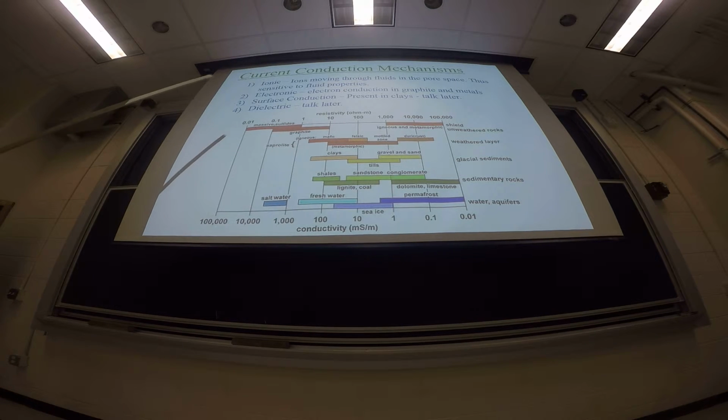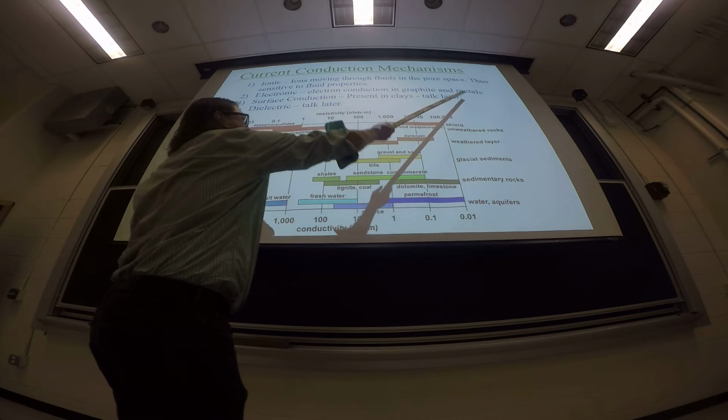However, there are some cases where we will see electronic conduction. That's what occurs in a wire when you hook up a current to a wire or to metal. That's a form of electronic conduction where the electrons in the outer shell transfer from atom to atom, therefore allowing for an electronic current to be conducted. And you see this in graphite and in metals.